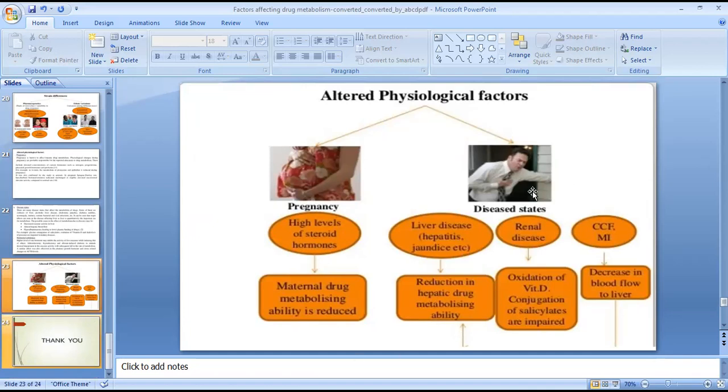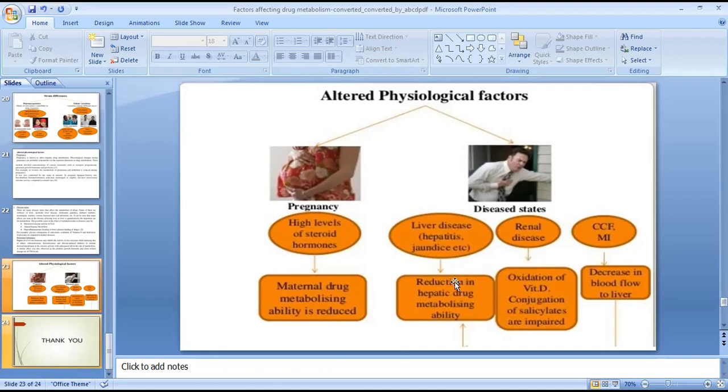Now in the case of disease state, depending upon which disease they are suffering from, like liver disease, renal disease, cardiovascular failure or myocardial infarction, whether a heart problem is there, a kidney problem, or a liver problem, they are going to alter the drug metabolism.